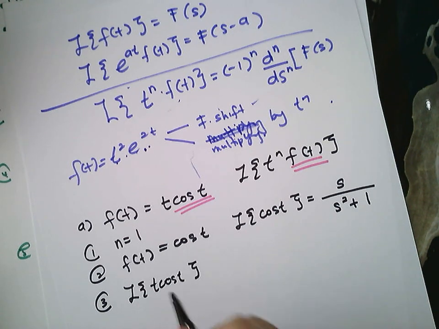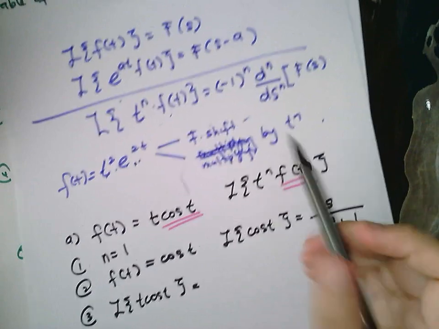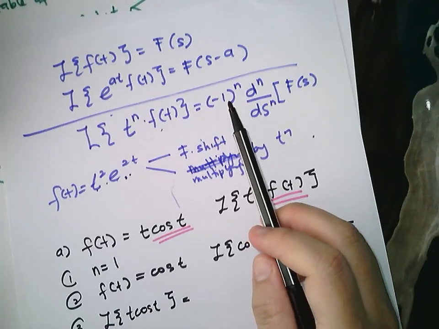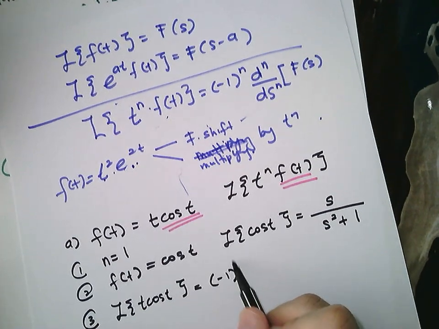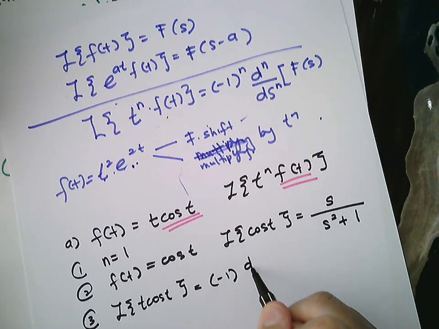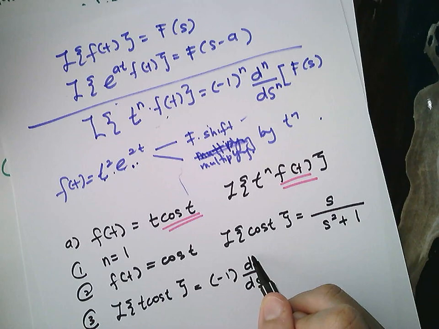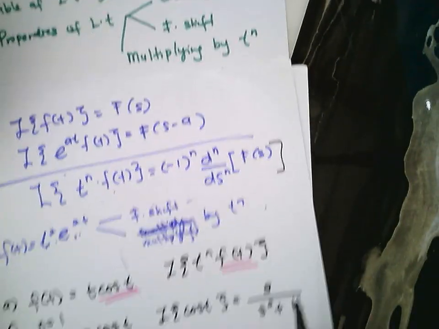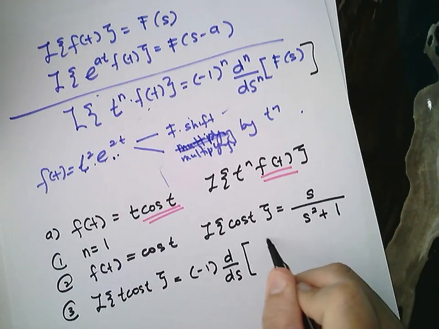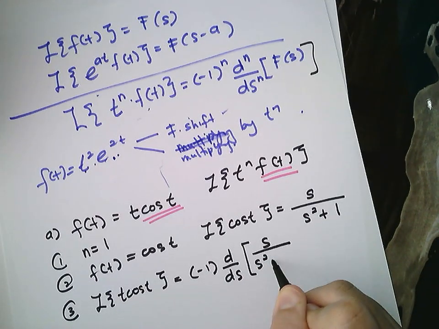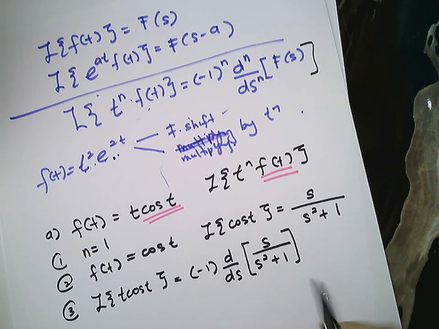Therefore, Laplace of t cos t is equal to (-1)^n, so you will have negative 1, your n is equal to 1, d/ds since your n is equal to 1, F(s). So what is your F(s) here? Your F(s) is equal to s over s squared plus 1. This is not yet the final answer.